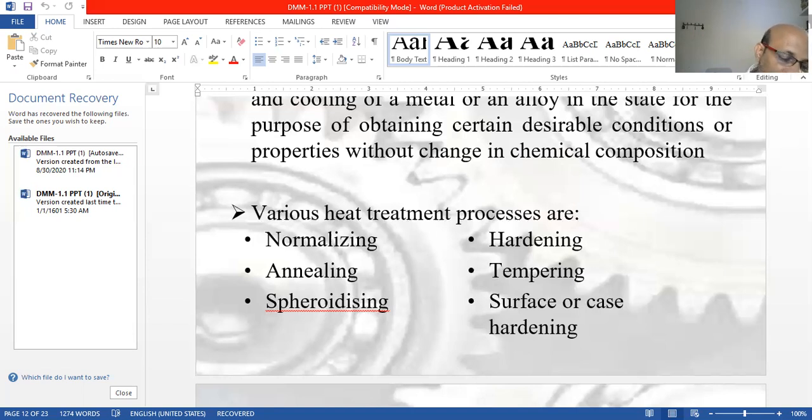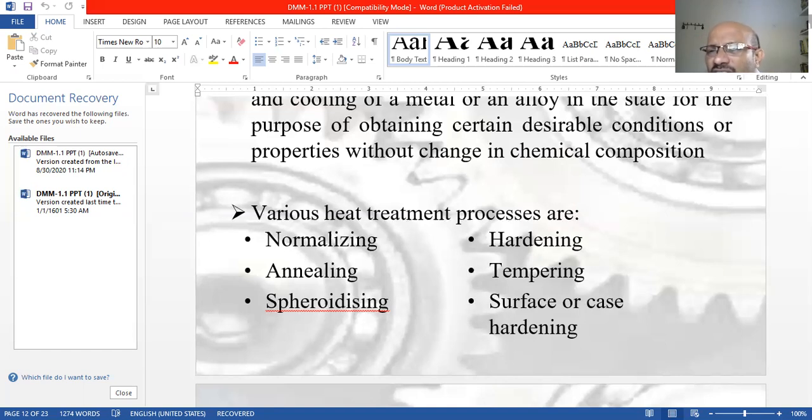We use these in many engineering applications, because only the surface is hardened and we get the mechanical work. The main advantage of surface hardening is to resist wear and tear, and it leaves a tough interior core.